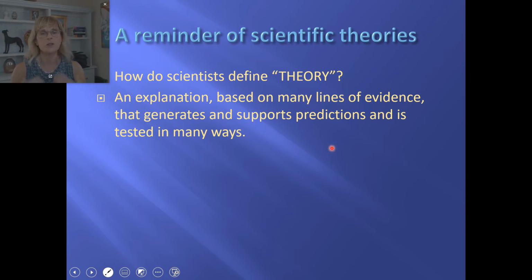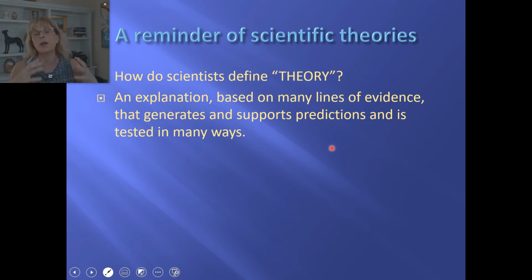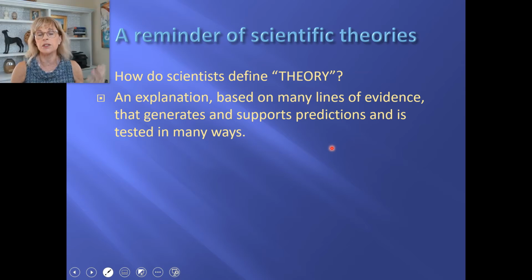That's a theory. It explains why something happens. And something doesn't get to be a theory unless it started out as many hypotheses, and all of the experiments that have been done on all of those hypotheses have all supported this particular explanation.